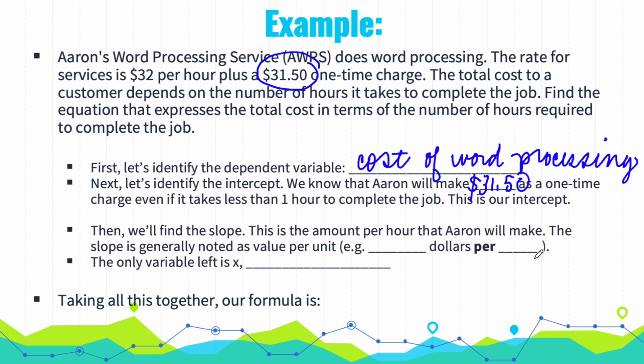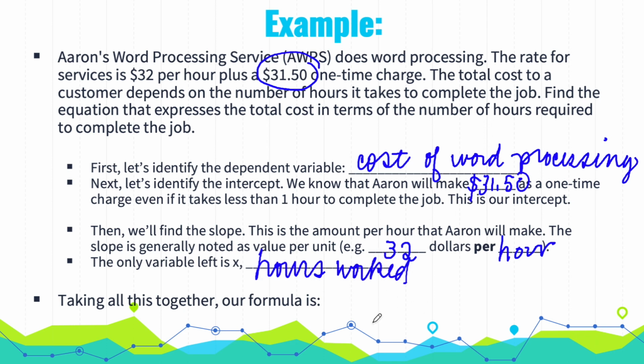Then we'll find the slope. This is the amount per hour that Aaron will make. The slope is generally noted as a value per unit. So here we can see that he makes $32 per hour. The only variable left is x, which is hours worked.